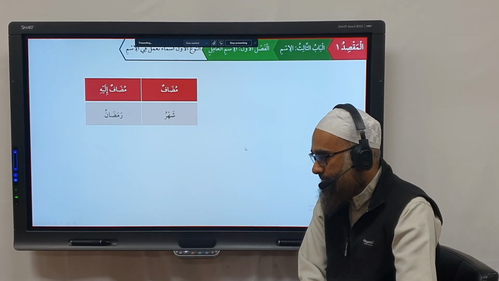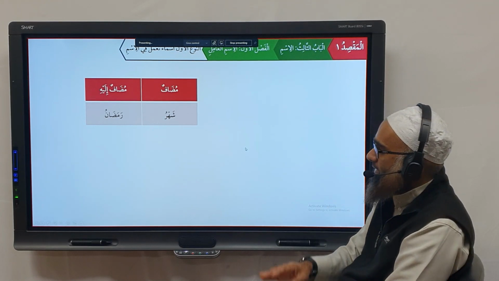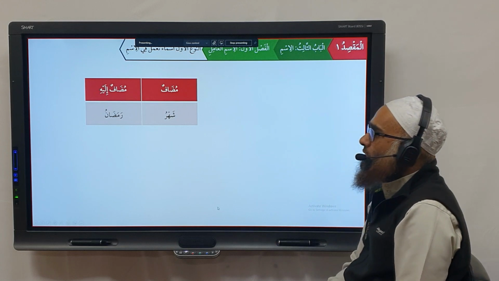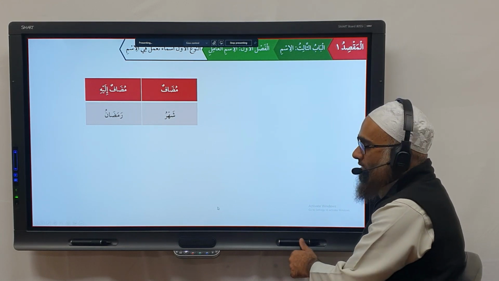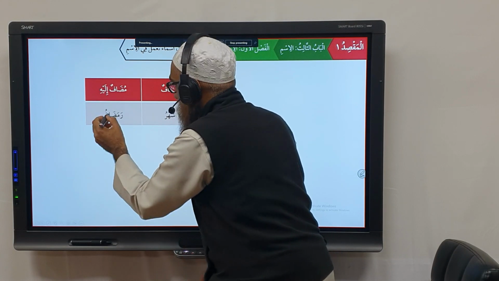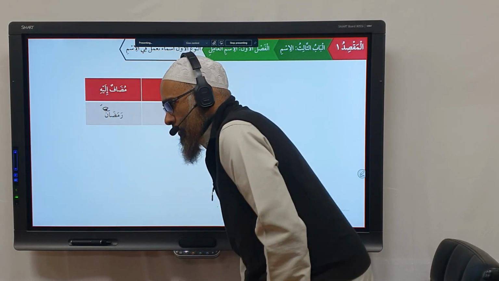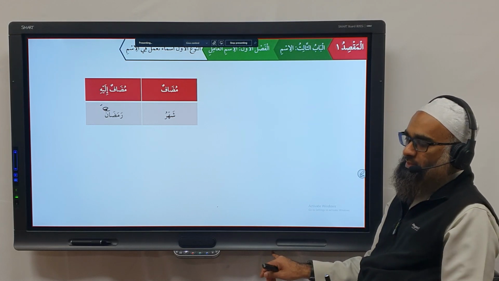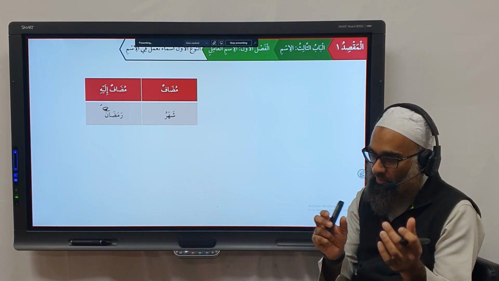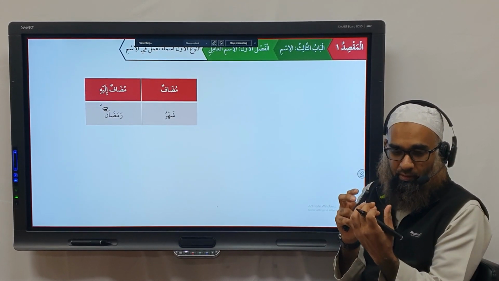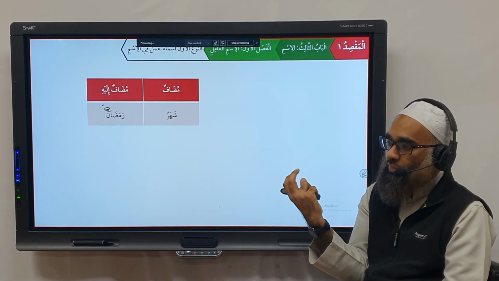Bismillahir Rahmanir Rahim. So there's one mas'ala here that we need to clarify. Let's look at this mudaf ilayh structure. Shahru Ramadan. If you look at this, we have two words. One is a mudaf, one is a mudaf ilayh. In this example, the word Ramadan is being attributed to the month.